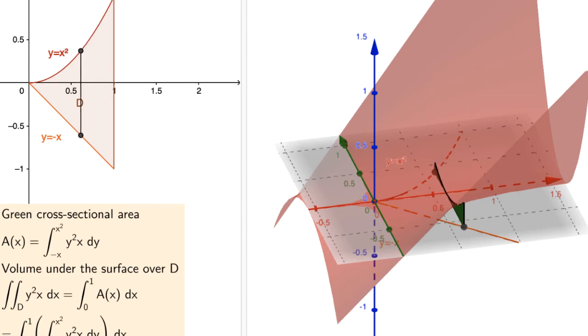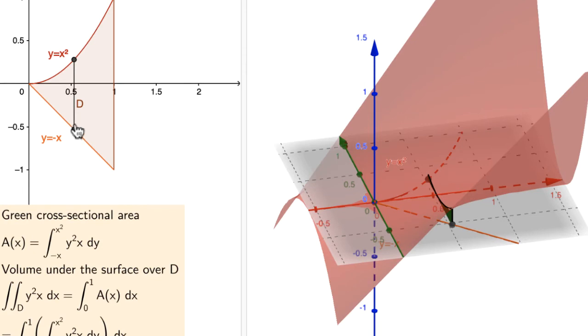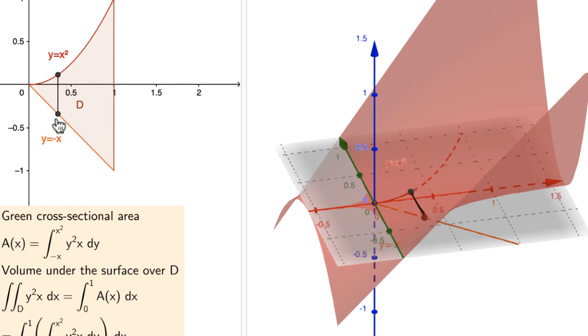But there could be another arrow which enters through this point and exits through this point. But regardless of where they enter, they always enter through the equation y equals negative x, which is why you see this as the lower bound, and they always exit at the equation y equals x squared, which is why the upper bound is here.